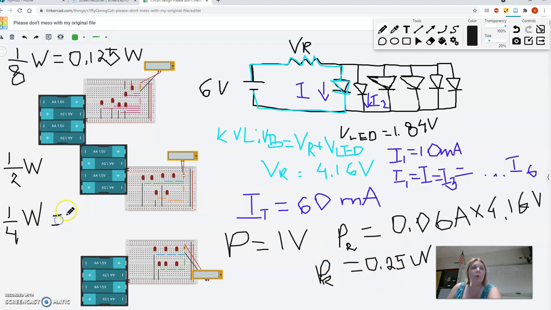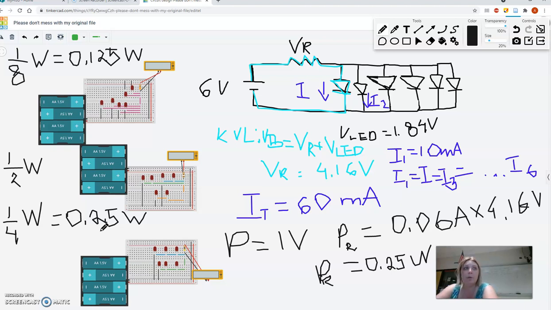So what about 1/4 watt? Well, this is exactly 0.25. But guys, I caution you not to use resistors right on the very edge of their rating, okay? It looks like a perfect match, but it's not, because it's working right at the boundary of where it's about to start breaking up.